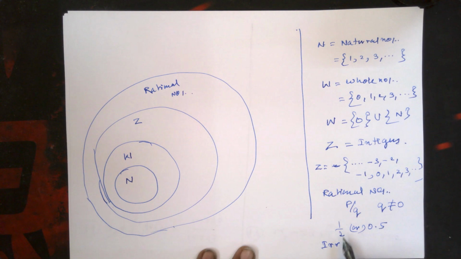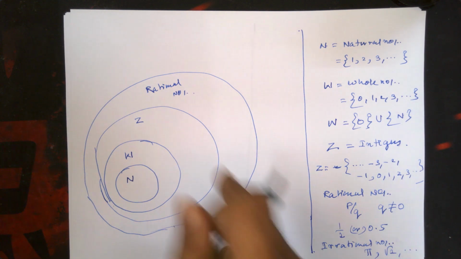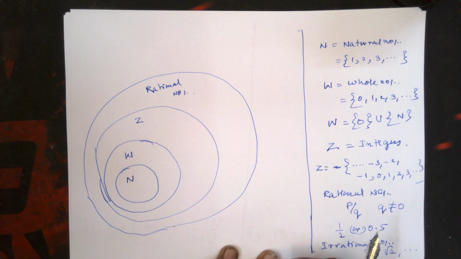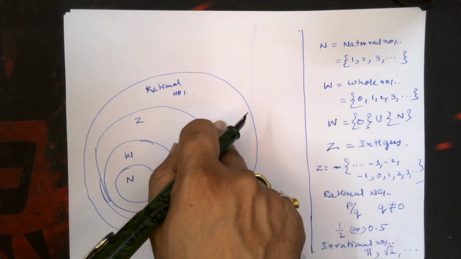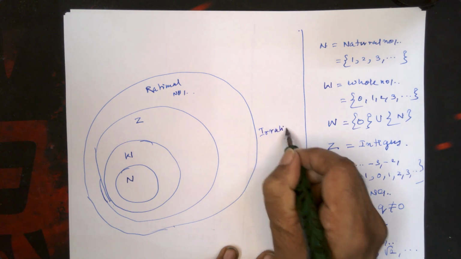So what are those irrational numbers? Irrational numbers are the values like pi, square root 2, etc. And this is also represented by P by Q, but the problem here is we will discuss separately rational number versus irrational number. So this is out of the scope of rational number. So you can write here irrational number. Irrational number is out of that.